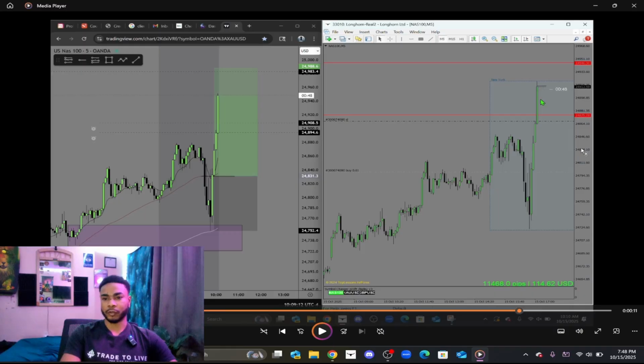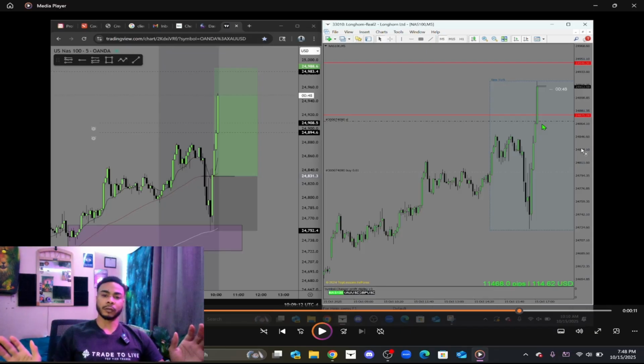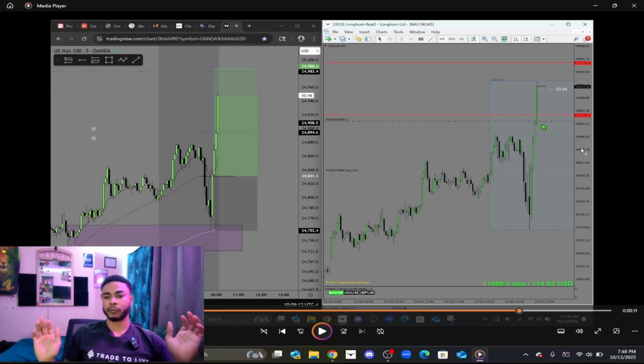So just in case price decides to come back down, I at least close out with most of the amount that I had at 1-to-1 at the start. So if price comes back down to my 1-to-1 and hits my stop loss, I leave with the same amount of money as if I were to close out the full trade at 1-to-1, R to R, right?